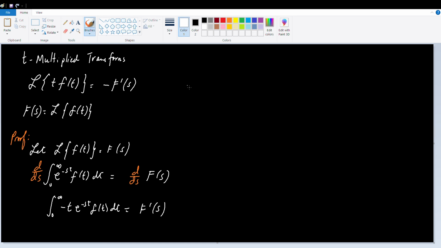Or negative of the integral from 0 to infinity of e to the negative st times t f of t dt, which is equal to F prime of s.